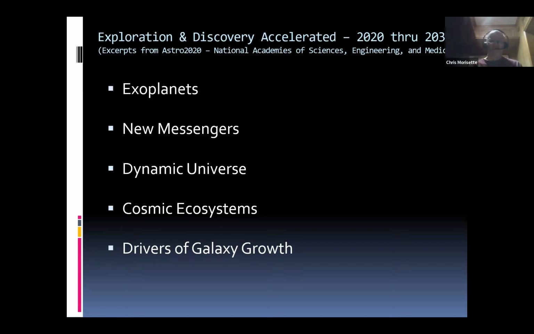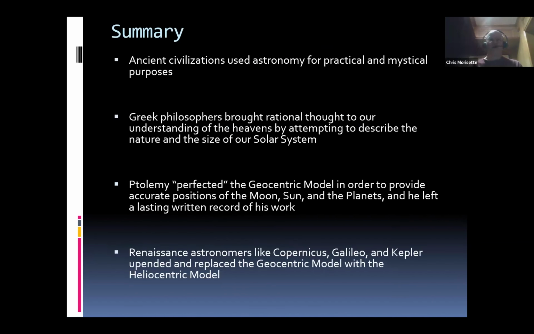This last area, drivers of galaxy growth, is looking at the younger universe. So using our ground-based telescopes to look at the young universe, and there are also some space telescopes on the drawing board to go up into space and look at the details in more granular form. So a little bit about what's coming up, and with that, I'll wrap up.